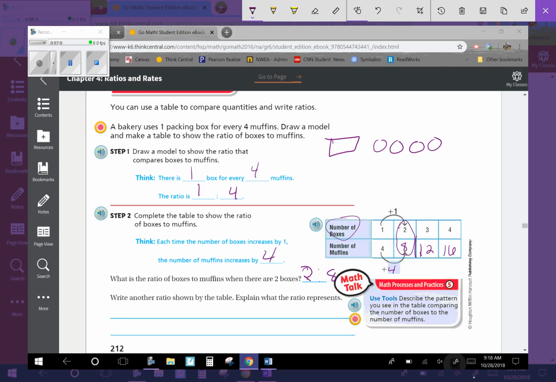Well, I'm just going to pick the next one here, which is 3 and 12. So the ratio is 3 to 12. And that represents that there are 3 boxes for every 12 muffins.